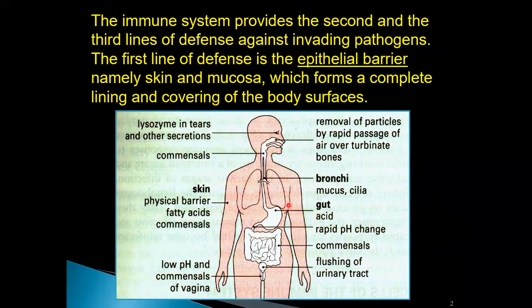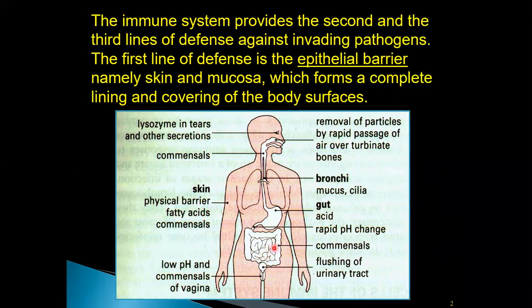Similarly, in the gut, we have the acidic environment which kills the bacteria. Similarly, skin has an acidic pH, plus an intact epithelial lining is present, so it's actually impeding the bacterial invasion. Similarly, in the small and large intestine, we have some immune cells present, called M cells, which are antigen presenting cells.